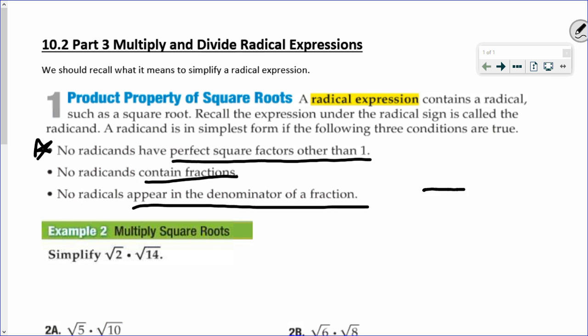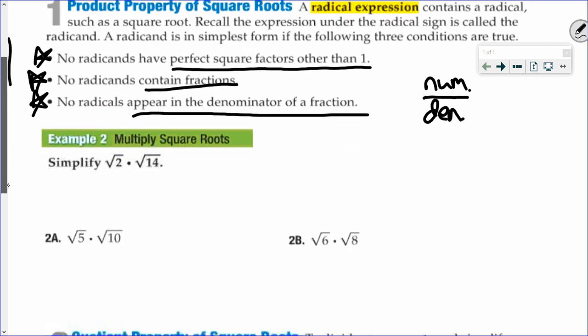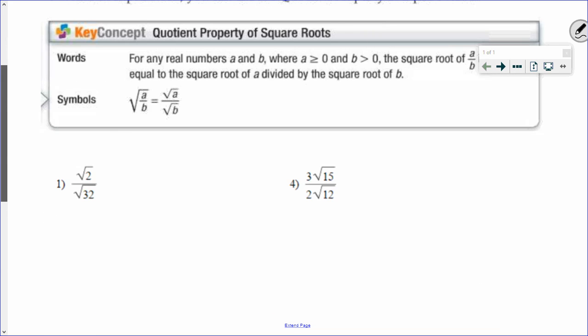Again, the denominator is the bottom of a fraction, where we have the numerator and the denominator. So those are the 3 points it means to simplify radicals. If we've done that, then we've simplified.